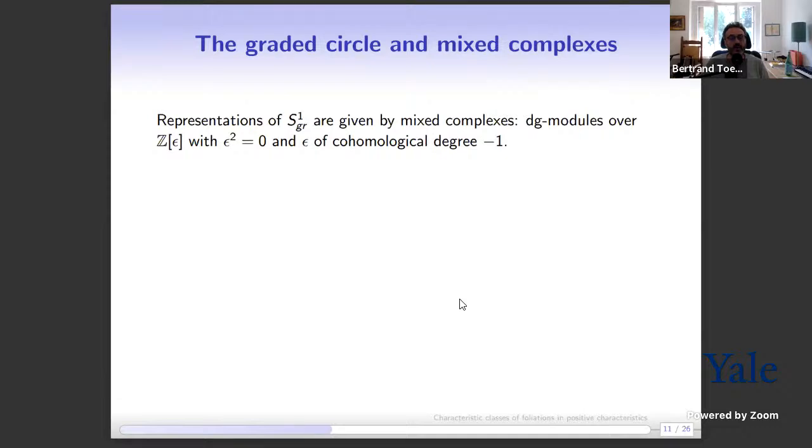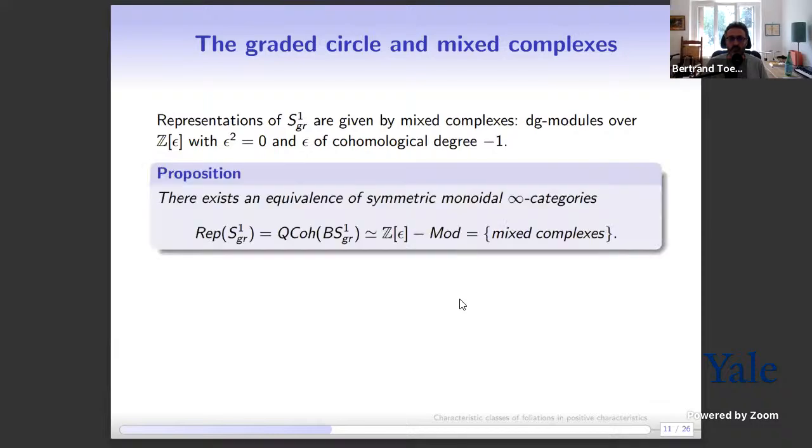So if I have this group stack, I can look at its representations. Representations are going to be complexes with actions of this group stack. And you can prove that they are exactly mixed complexes. So maybe I can state this as a proposition. You have an equivalence, and this equivalence preserves the symmetric monoidal structure on both sides, between the representations of S1 gr, which are defined as quasi-coherent complexes on the classifying stack of S1 gr.